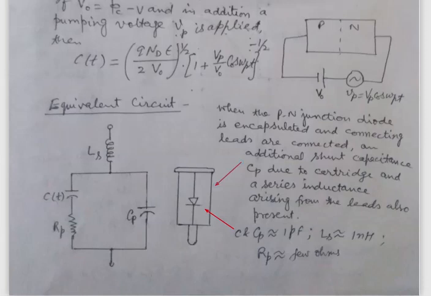So this is the equivalent circuit which will be used in our further analysis of the parametric amplifiers. The order of C and Cp is a few picofarad. Series inductance Ls is of the order of 1 nanohenry, and the cartridge resistance Rp is a few ohms.